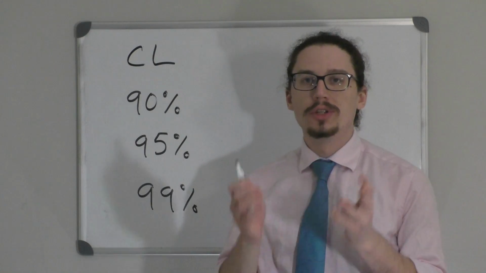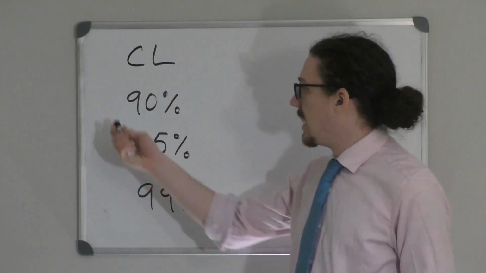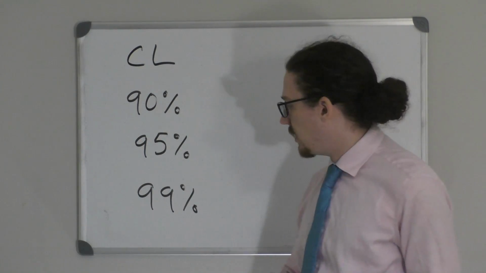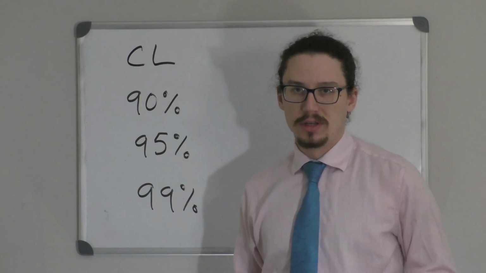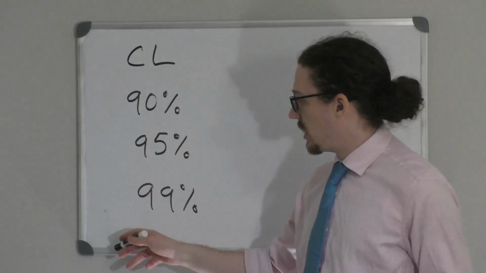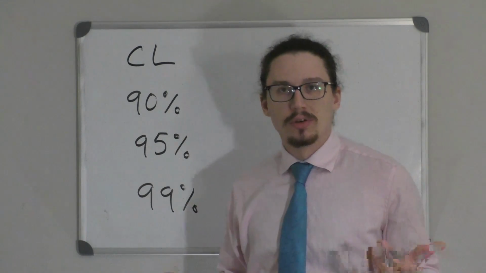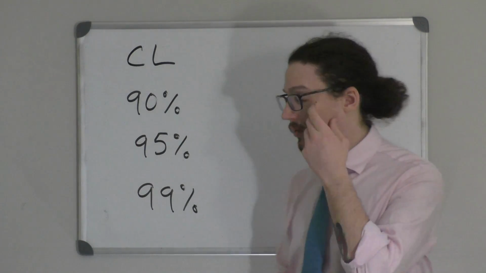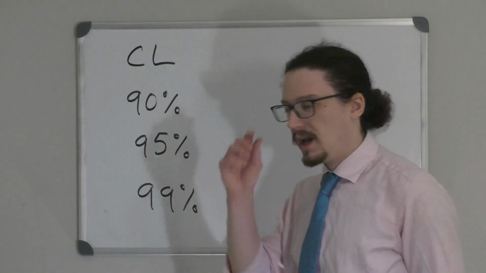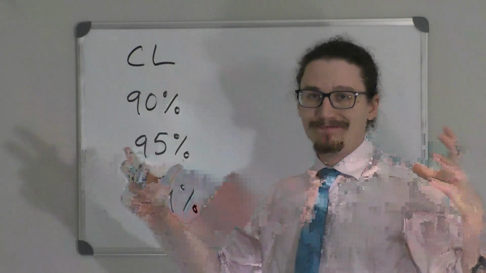As you might expect, the further down we go, the stronger our results are, right? If I'm 90% sure of something, then I'm not as certain of it as if I'm 99% sure. So as we go down, we're getting stronger results.